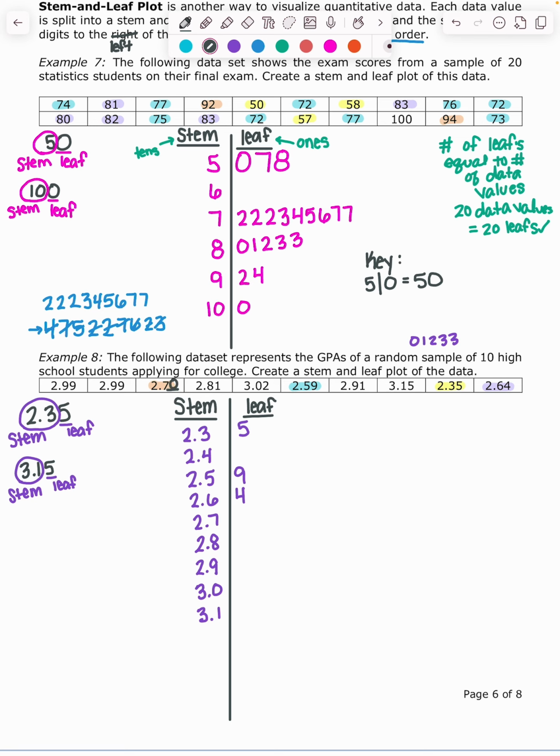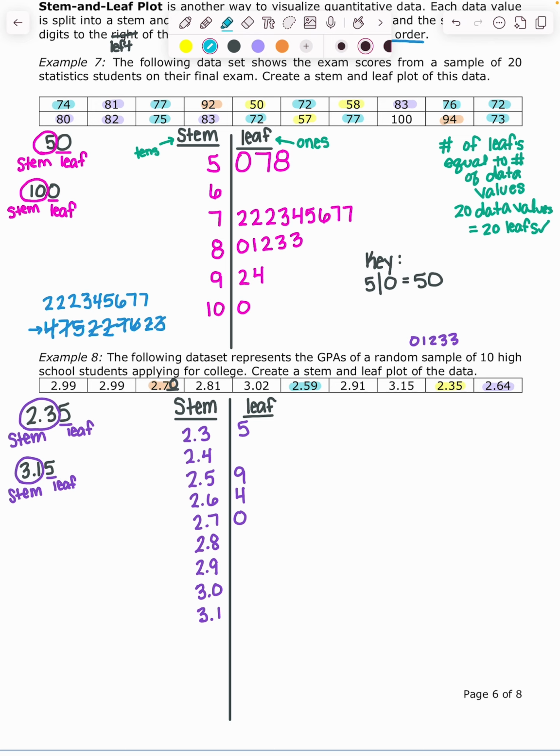So 2.7 is the same as 2.70. So this guy would be 2.70, because we have a data value here, so we can't just leave it blank. We do need to put a number here. Otherwise, we won't have the number of leaves equal to the number of data values. So we needed to figure out something to go there. And we did.